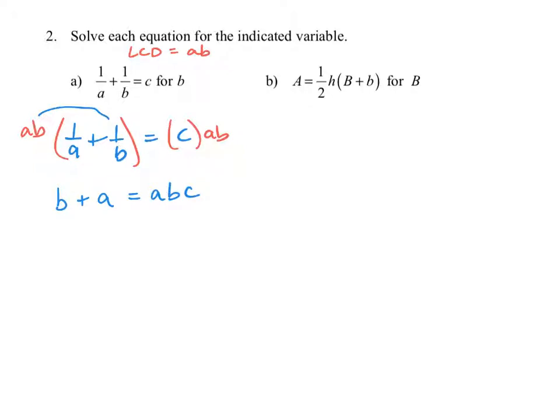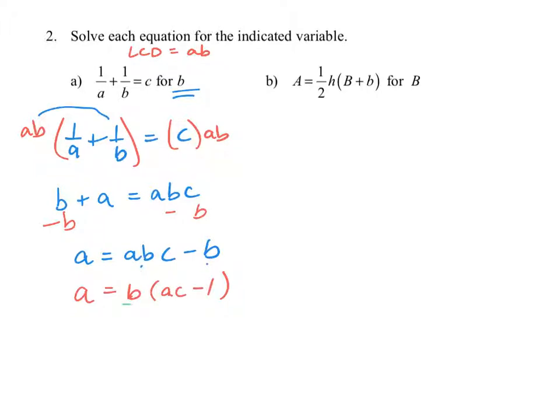is equal to A times B times C. Now, since we're solving for B, we want any terms with B in it on one side of the equation, so we can subtract B from the left and the right side of the equation. But these are not like terms, so when we subtract B, we end up with A is equal to ABC minus B. Now we want to get the B by itself, so we need to factor the B, and when you factor out the B, you're left with AC minus 1.